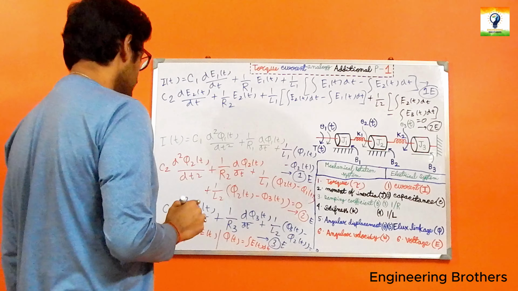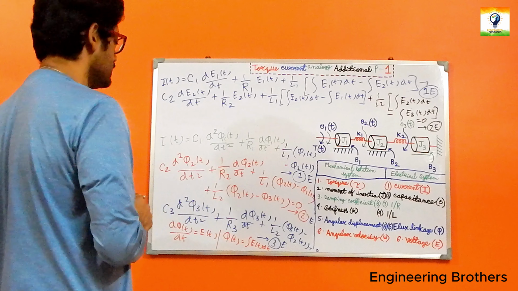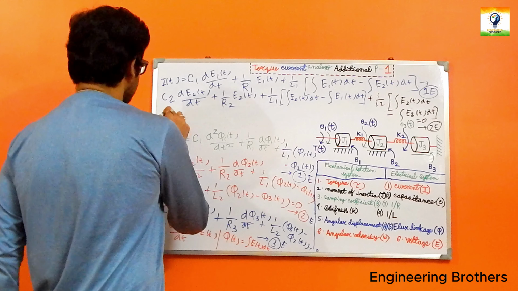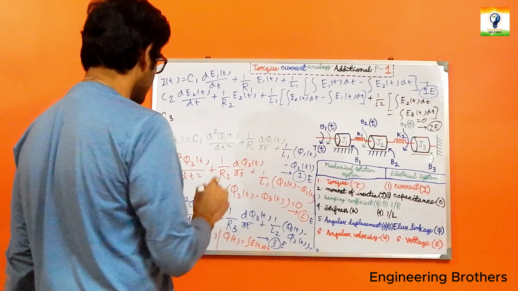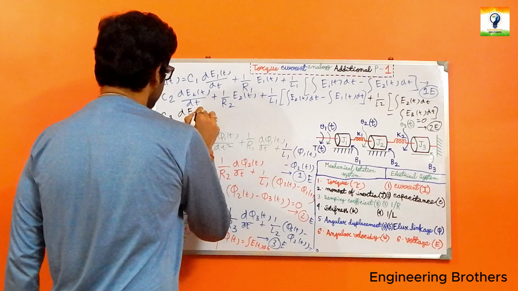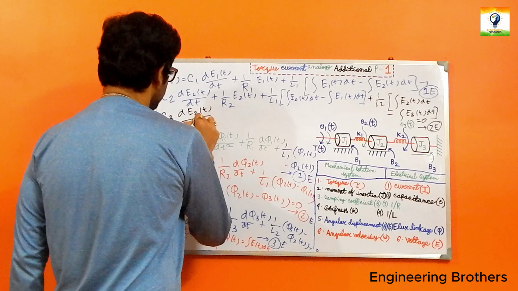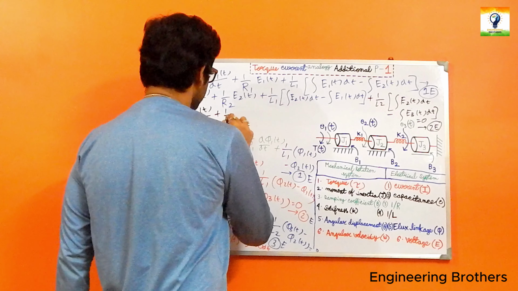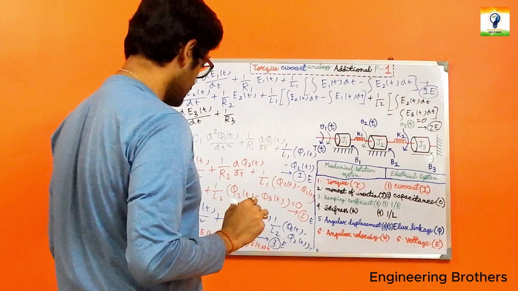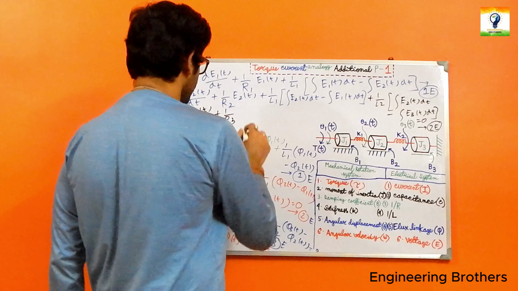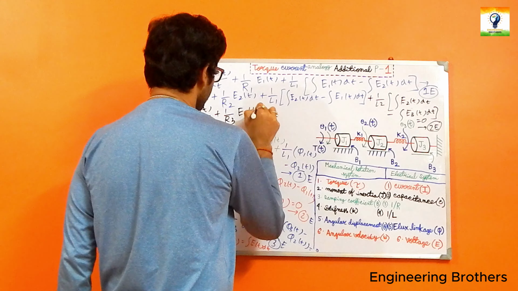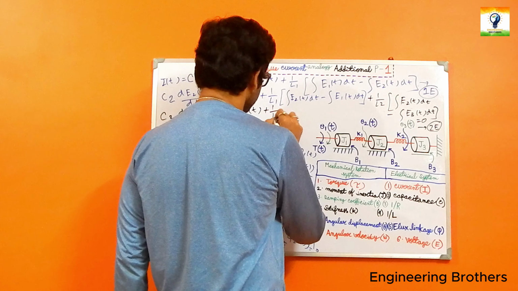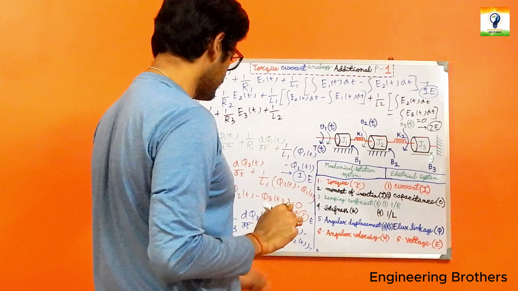Okay. Now for the last equation we are going to utilize the same procedure, which is quite naturally the C3. This one will be our dE3(t) by dt, this one plus 1 by R3 dphi3(t) by dt, which means our E3(t), plus 1 by L2, phi3(t) minus phi2(t).